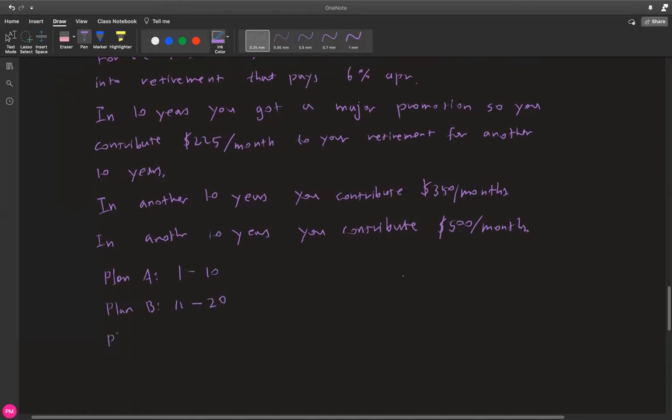Plan C is year 21 to 30. And lastly, plan D is from year 31 to 44.